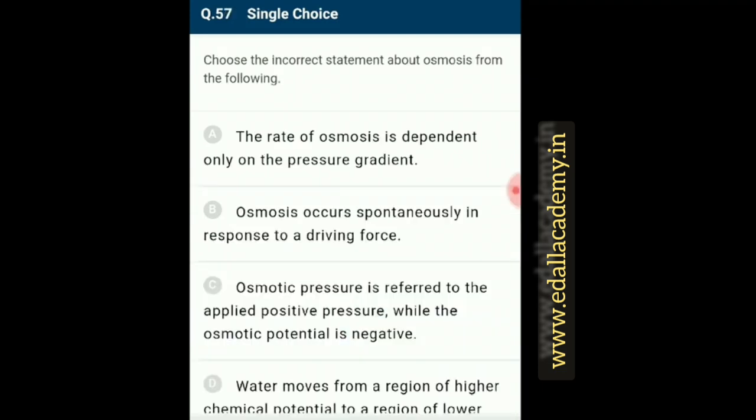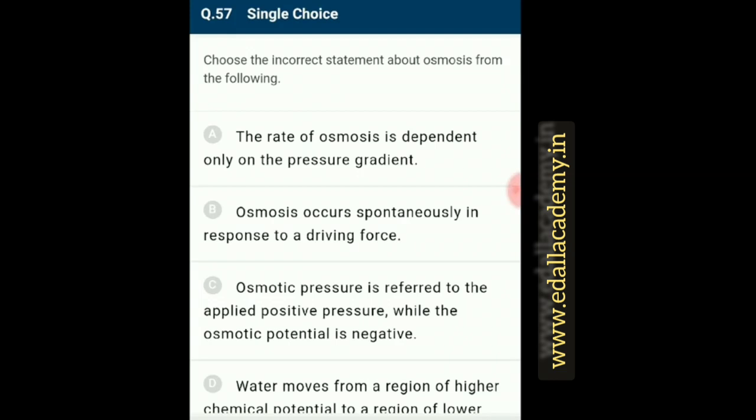Question number 57. Choose the incorrect statement about osmosis from the following. Osmosis is the term used to refer specifically to the diffusion of water across a differentially or selectively permeable membrane. Osmosis occurs spontaneously in response to a driving force. The net direction and rate of osmosis depend on both the pressure gradient and concentration gradient.